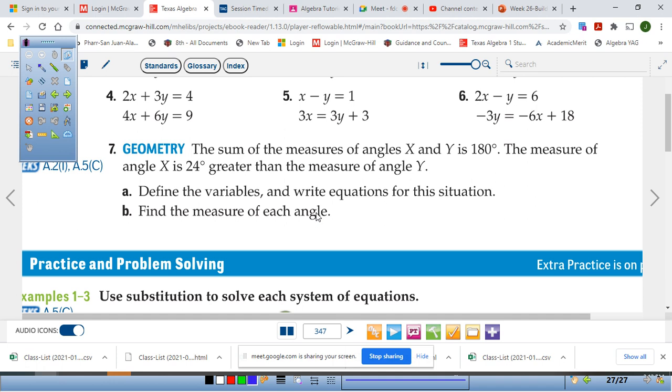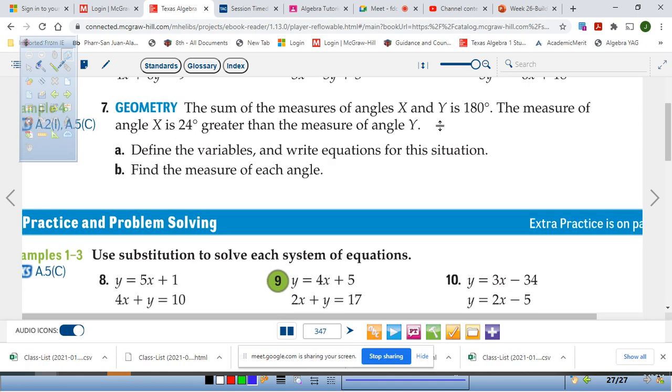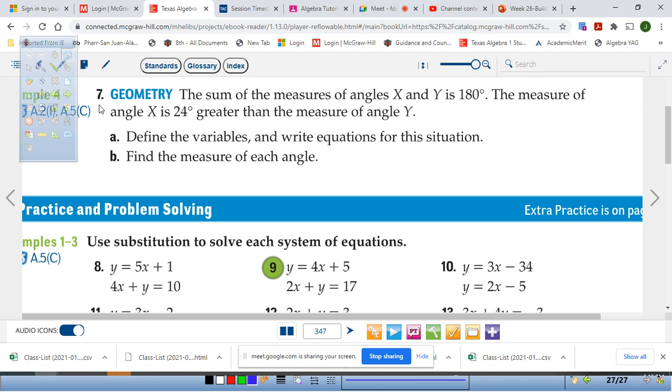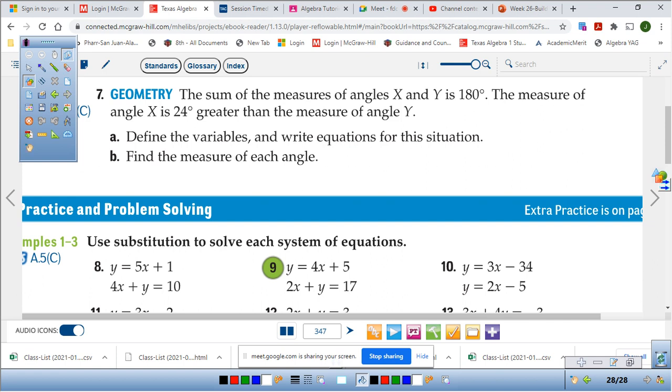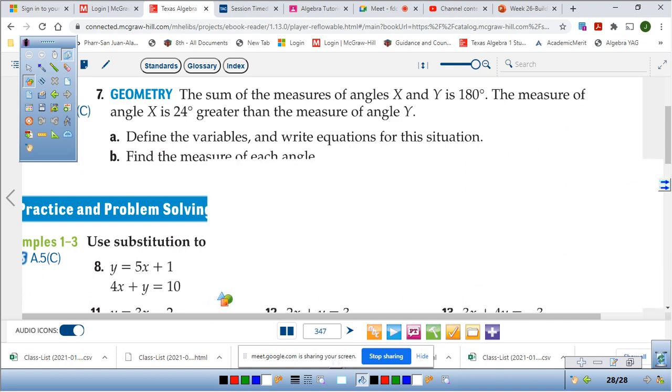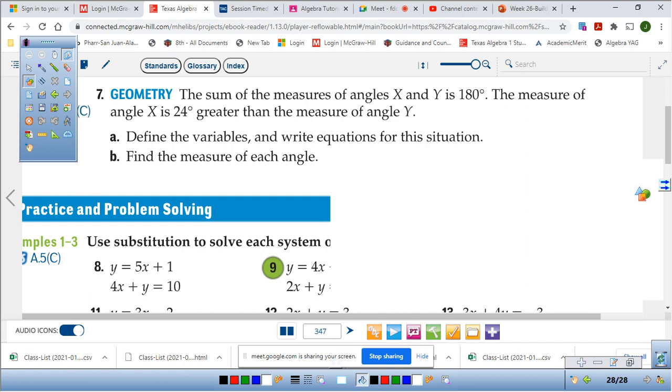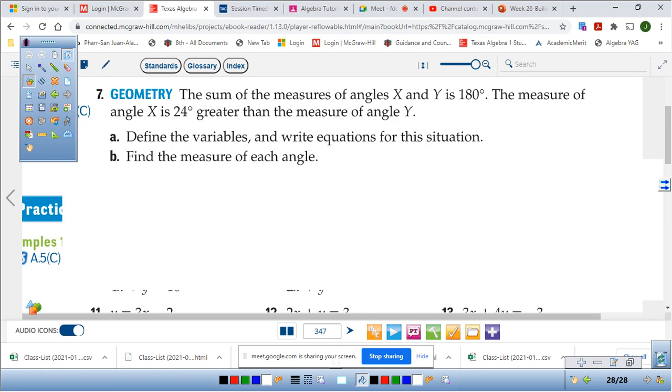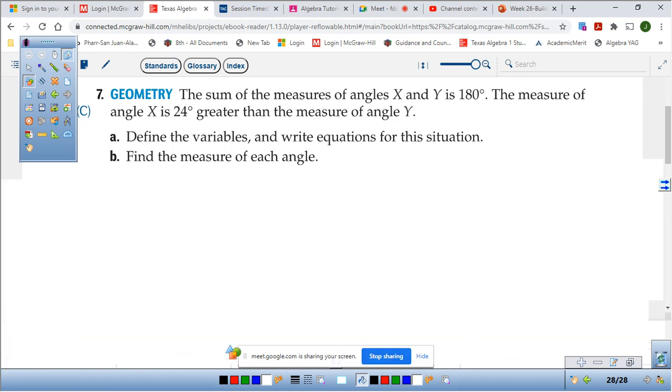Hey, do y'all want to try the word problem number 7? Okay, let's try it. Now always remember, we want to have two equations, set up usually like slope-intercept form, okay? y equals mx plus b.